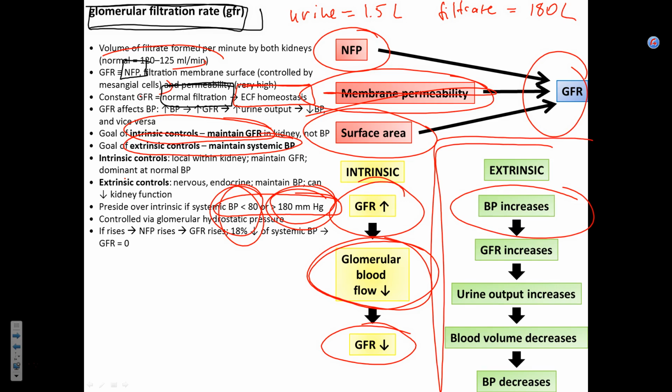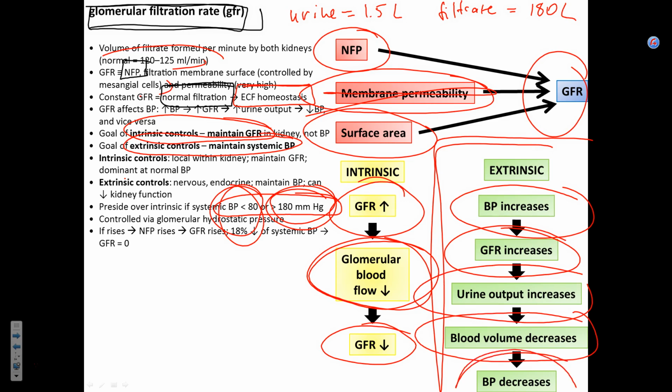That makes sense. Now, extrinsic controls will regulate blood pressure in this way, the direct regulation. Blood pressure goes up, blood flow through the kidneys increases, filtrate production rate goes up, the amount of urine that is produced goes up, volume of blood goes down, blood pressure goes down. Does that make sense?